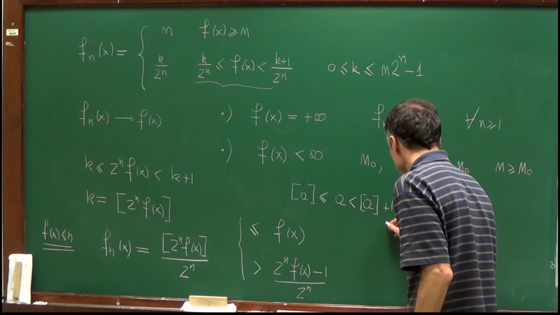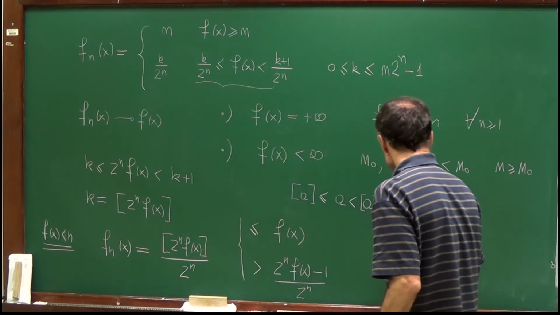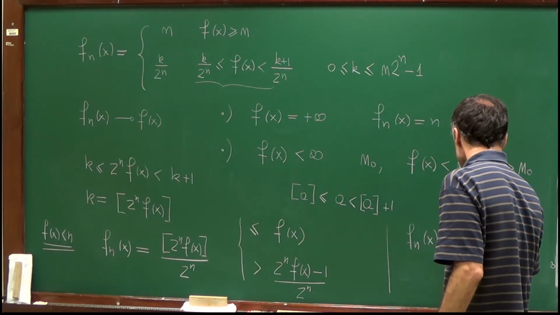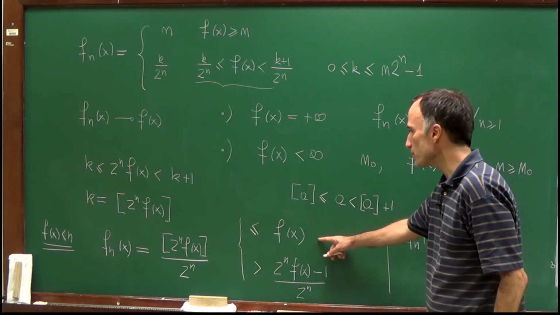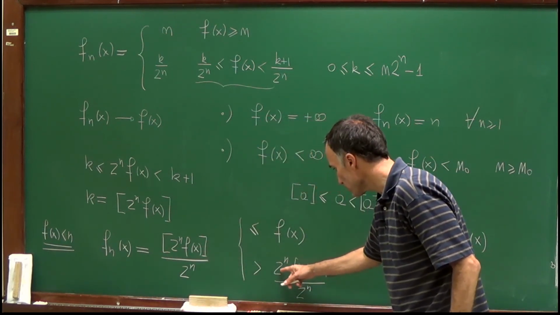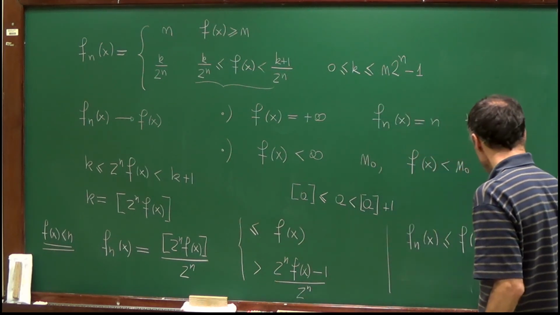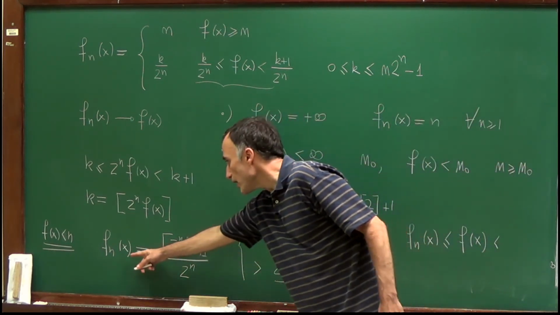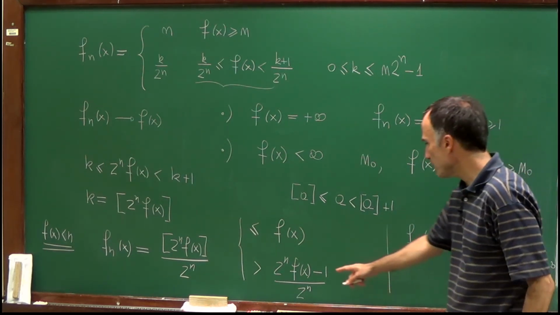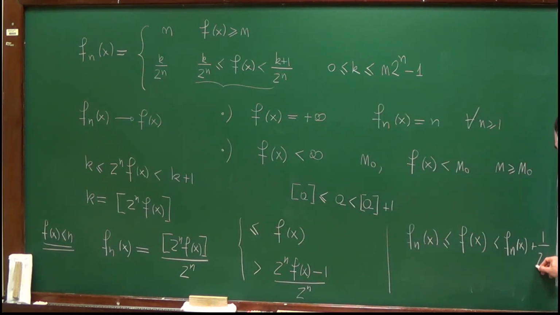So let me rewrite here the conclusion. On the one hand, Fn of x is less than or equal to f of x. So this is the first inequality. And then the second inequality: if I cancel 2 to the power n with that 2 to the power n, I get that f of x is smaller than Fn of x, and then I have a minus 1 over 2 to the n, which goes to the other side, which gives me that inequality.